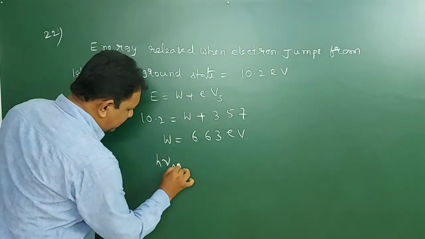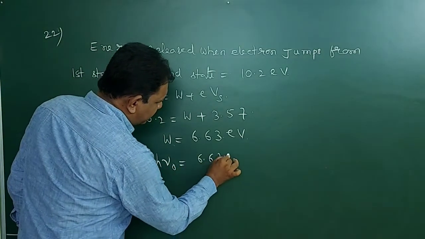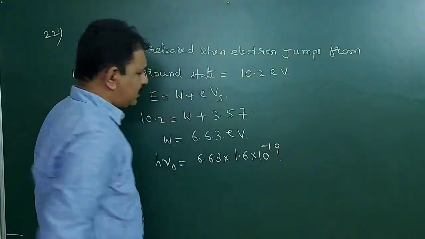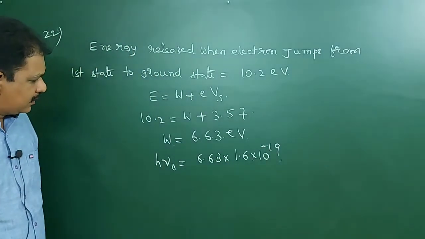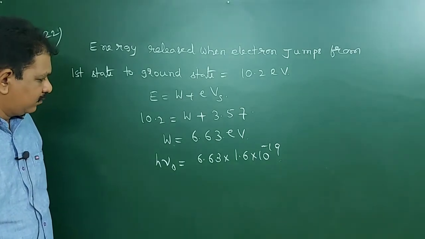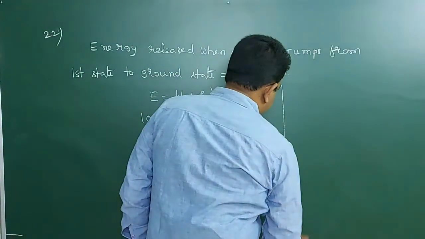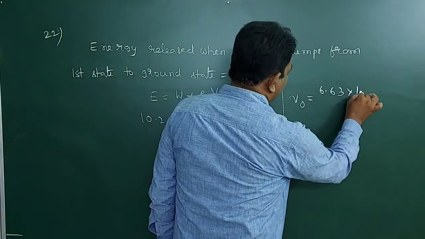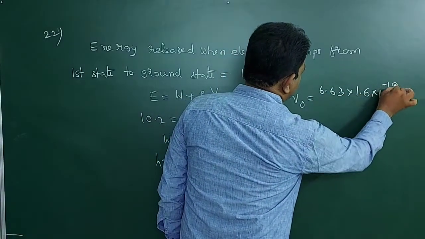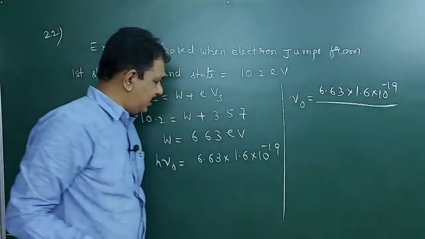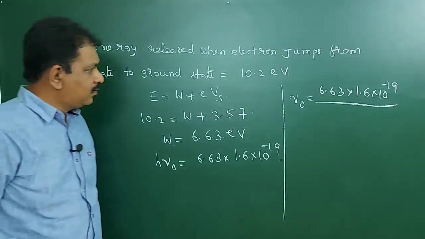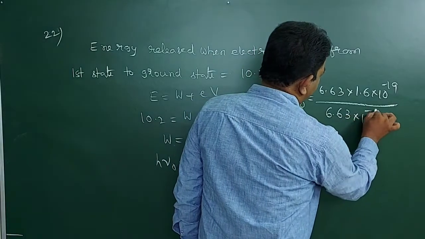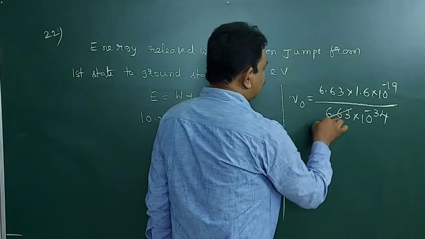h nu naught is equal to 6.63 into 1.6 into 10 power minus 19 joules. So nu naught is equal to 6.63 into 1.6 into 10 power minus 19 by the h value, 6.63 into 10 power minus 34.